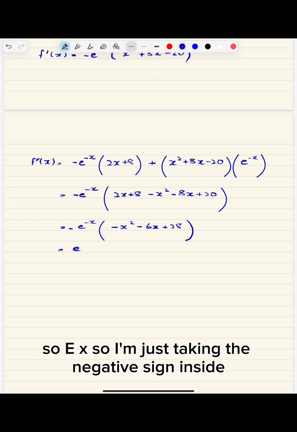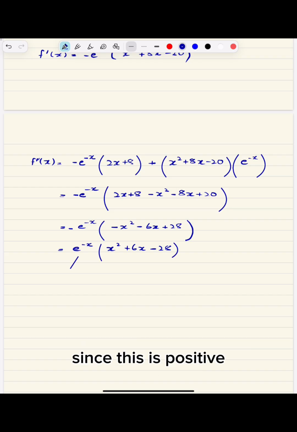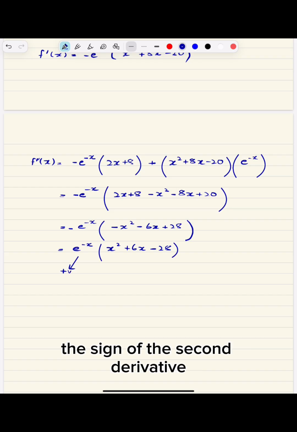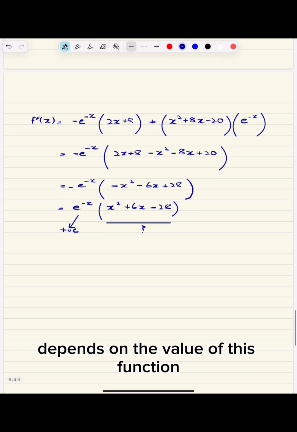So e to the x, so I'm just taking the negative sign inside. So now since this is positive, the sign of the second derivative depends on the value of this function.